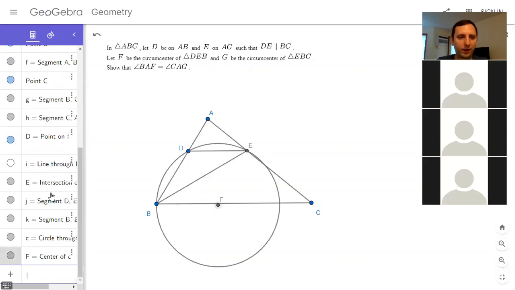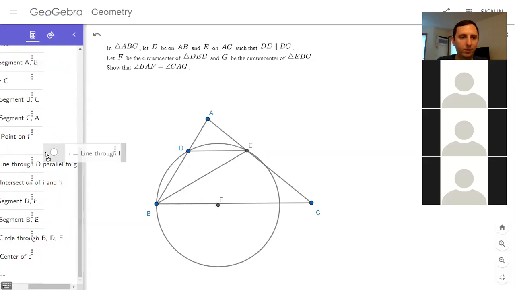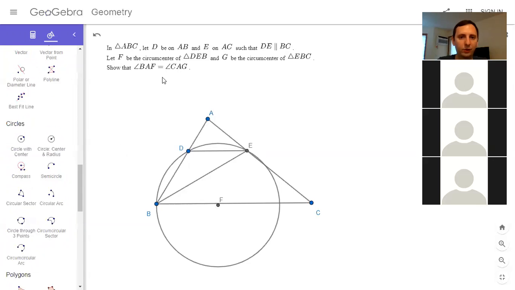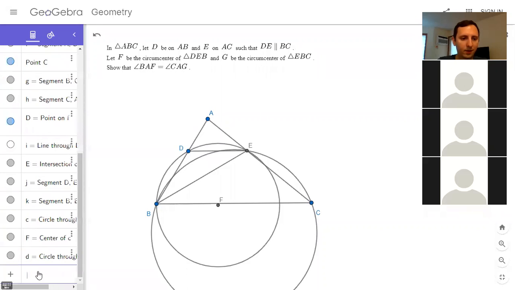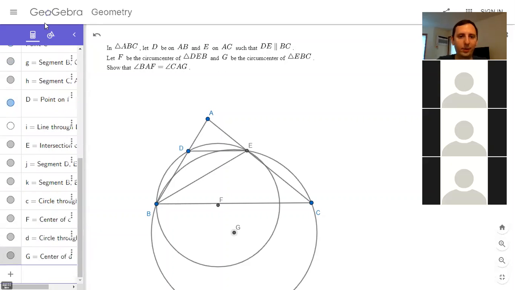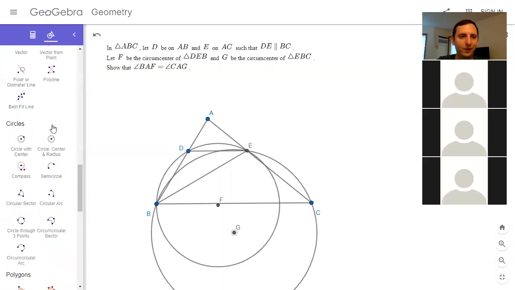There's F, and G is the circumcenter of EBC. Here we go. And we want to show that angle BAF equals angle CAG.